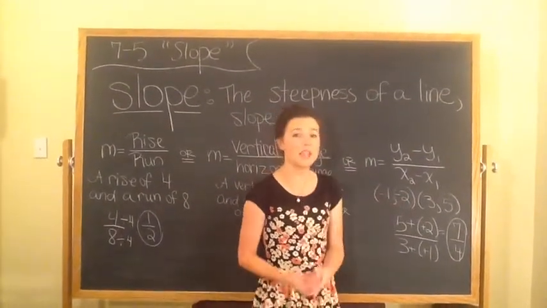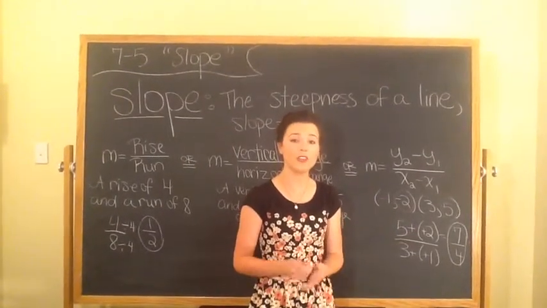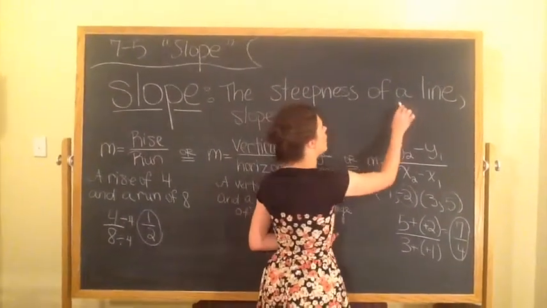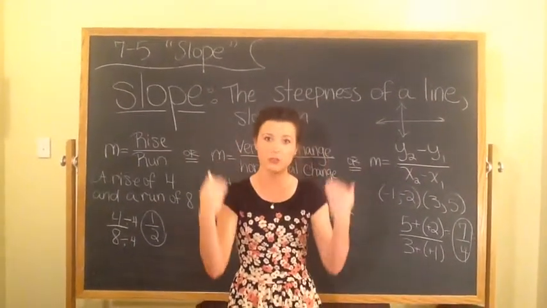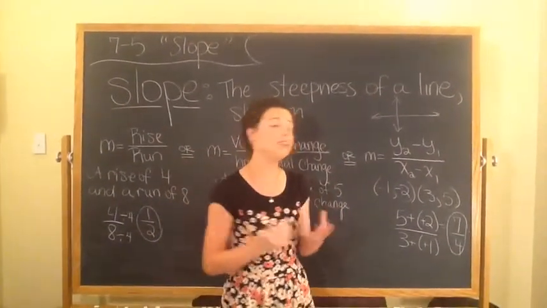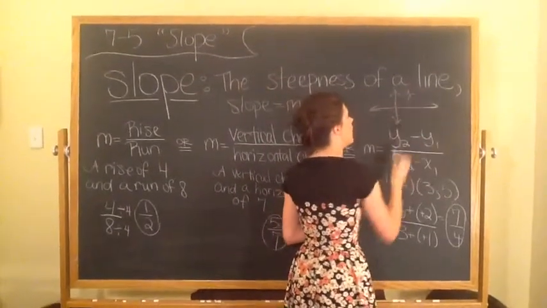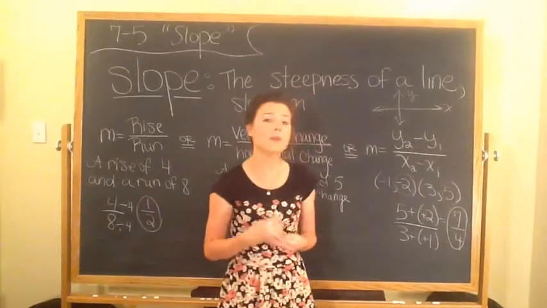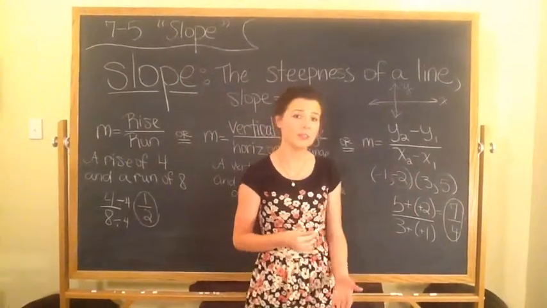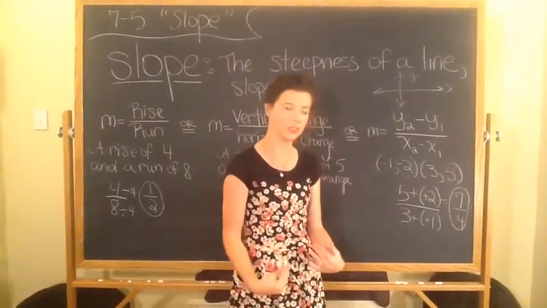But in this case, we're talking about the vertical change. On a coordinate plane, how much you go up or down is all talking about the y value, and however much you go right or left is talking about our x values. That's why we look at our y's first, because we're talking about vertical change over horizontal change.